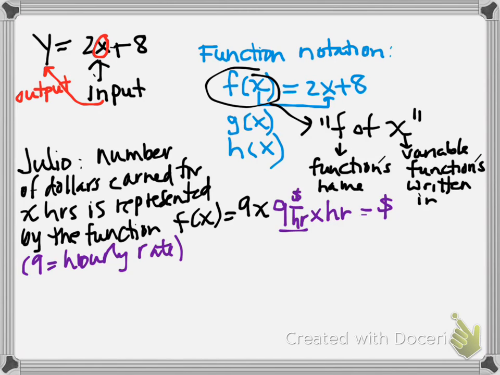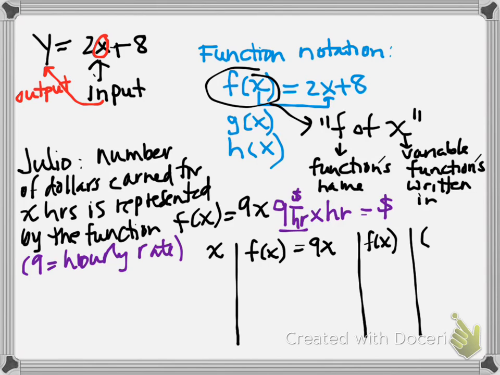Okay. So if somebody said make a table of values, you're going to do the same thing we've been doing. We pick an x, plug it into the function, and get the answer to that function, and we look at it as an ordered pair. Notice that the y and the f of x are interchangeable.